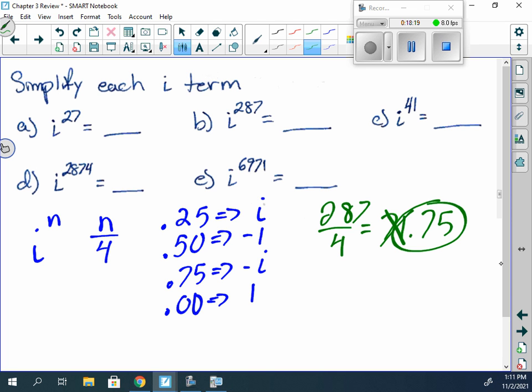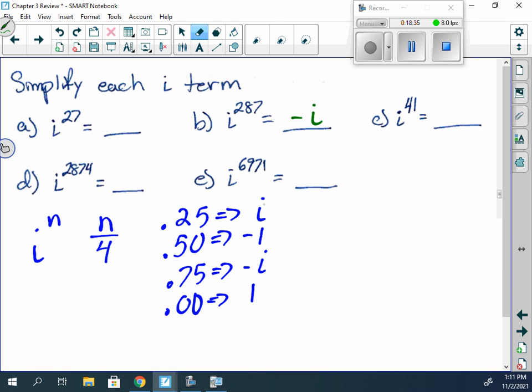What does 0.75 line up with? So B reduces down to negative I. Do we always do 4? Because these are the 4 possible outcomes that we can have. So we divide by 4.